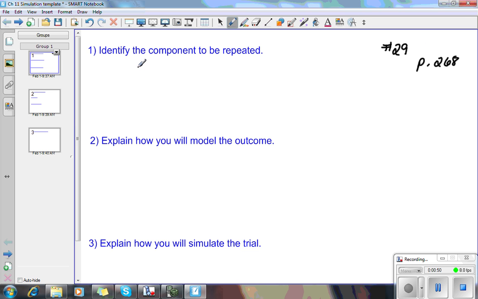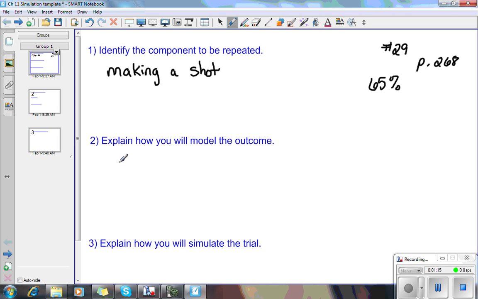So the component to be repeated is we're going to see whether or not she makes the basket or not. So remember, she has a 65% percentage rate. So the component to be repeated is going to be making a shot. And then we're going to see whether or not she made that shot.